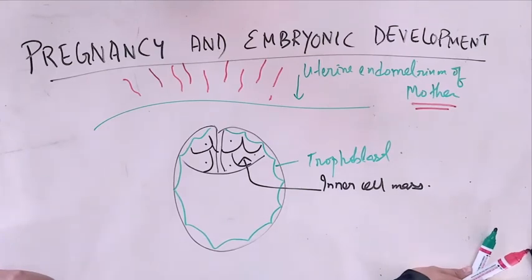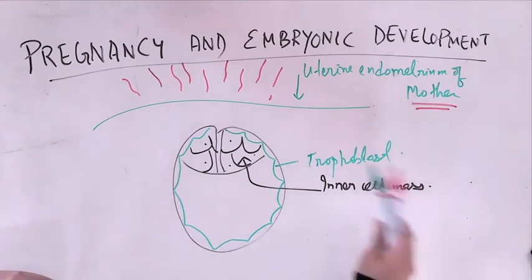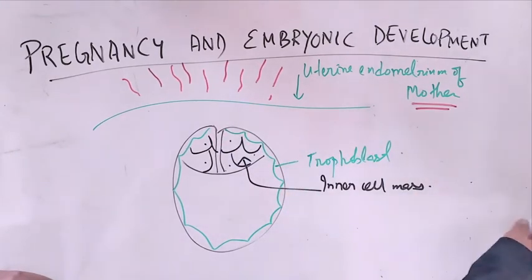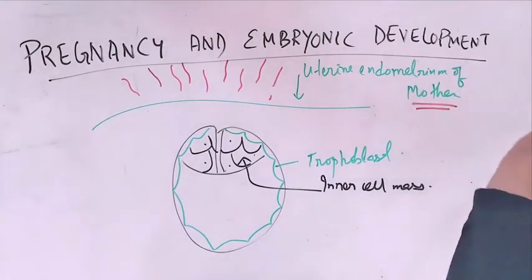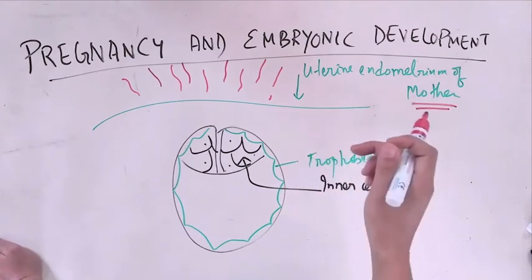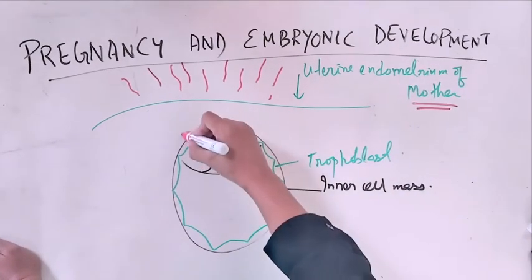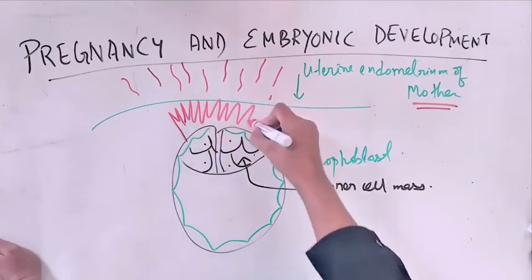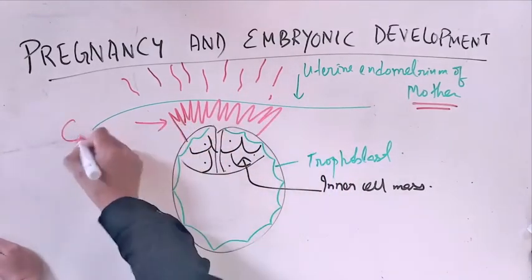Just right after implantation, the trophoblast slowly protrudes out some finger-like projections known as villi, chorionic villi.